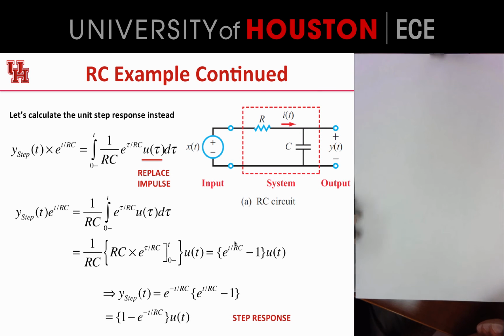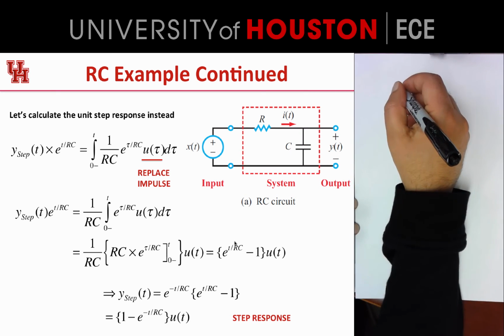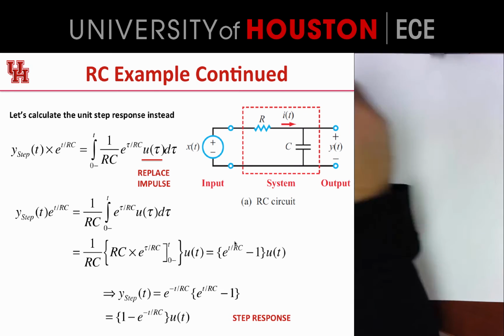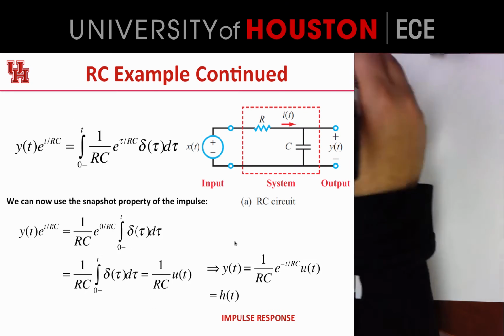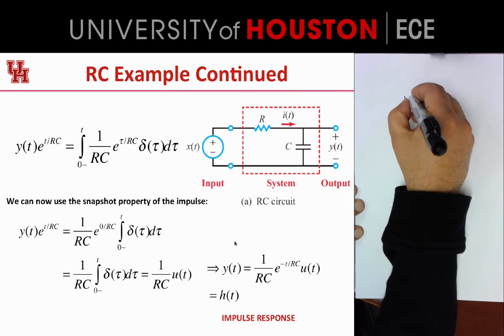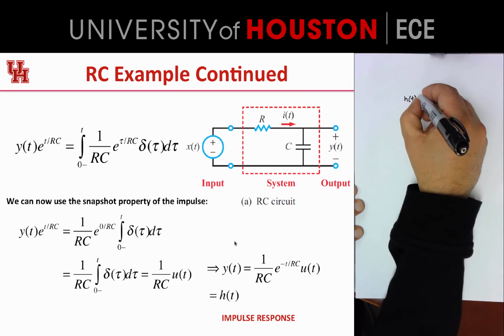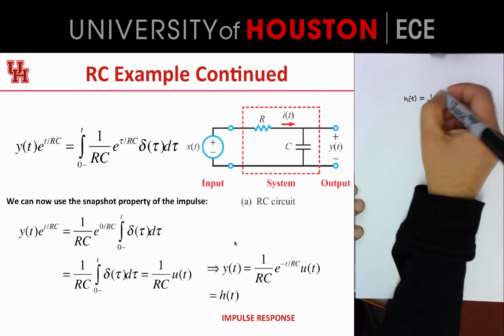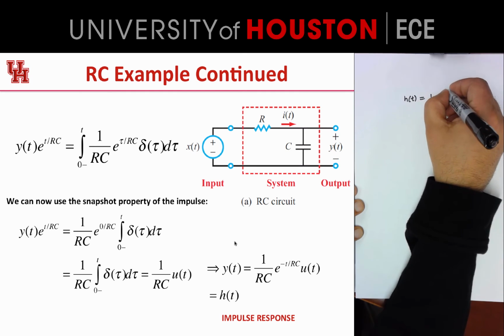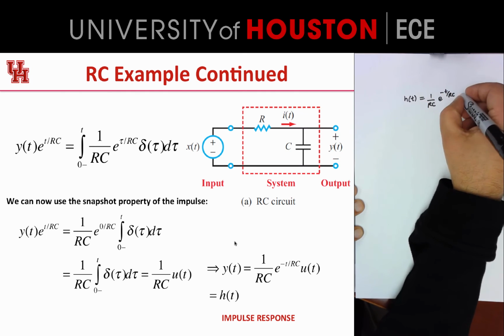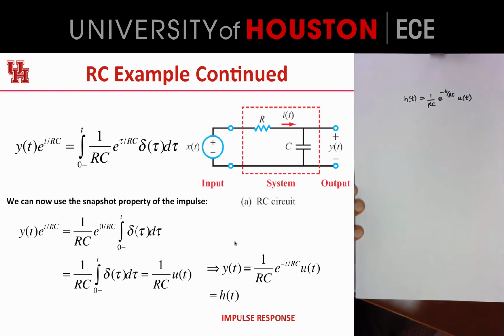So we just calculated the impulse response of this RC circuit. Basically our impulse response, denoted h of t, is 1 over RC e to the minus t over RC u of t.